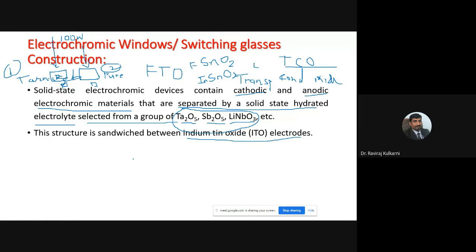Yes, more light is observed in tarnished glass. Why? Because this is the glass. What is the refractive index of glass? 1.5.